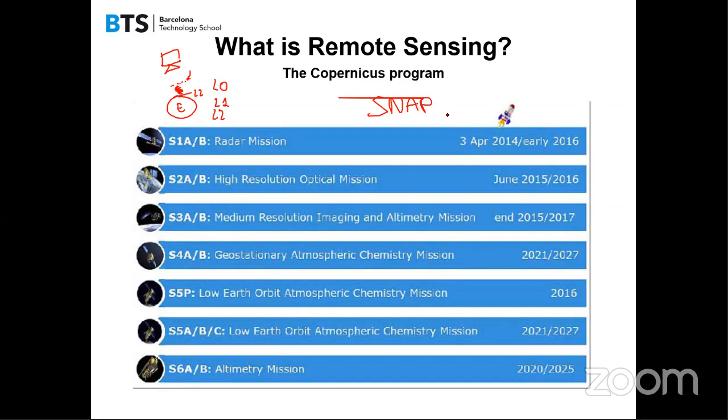And we have different missions. We have a very interesting mission, which is Sentinel-1A and 1B, which is a radar mission. That's a synthetic aperture radar, which is a type of sensing system that basically shoots electromagnetic waves in the microwave spectrum to retrieve information from the Earth. So that actually bypasses clouds, but it has a more complex processing pipeline.